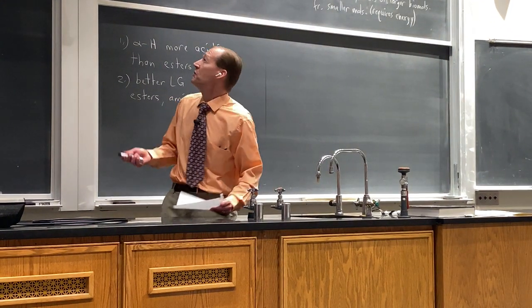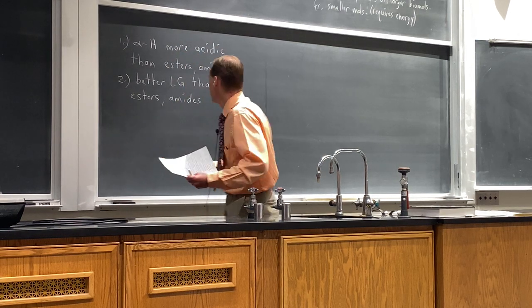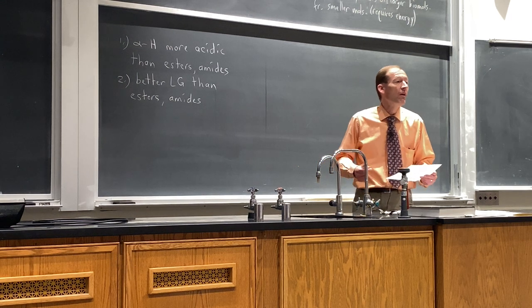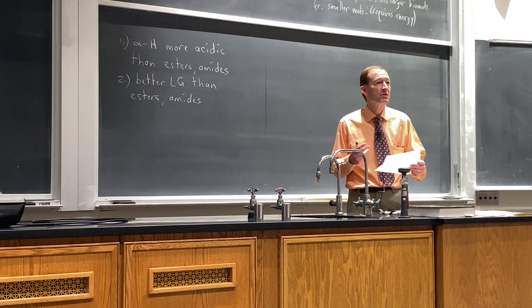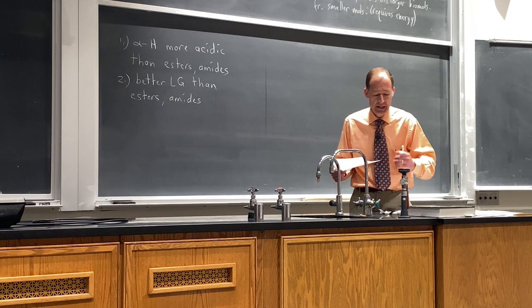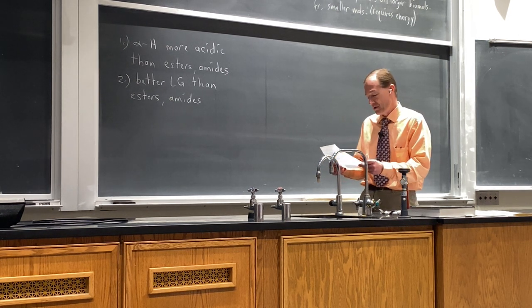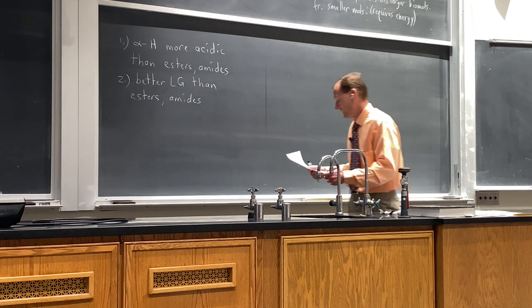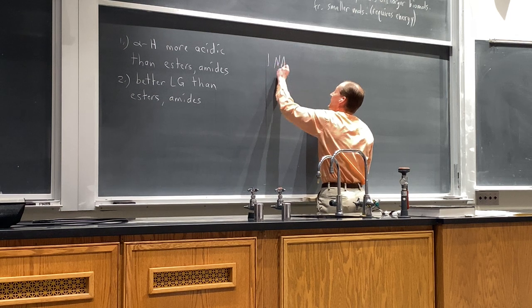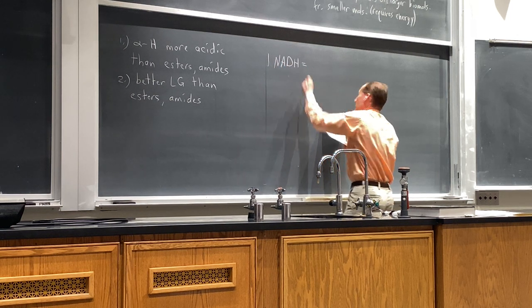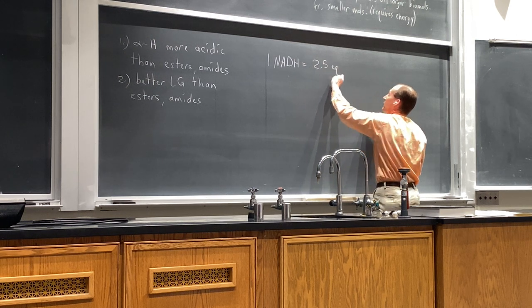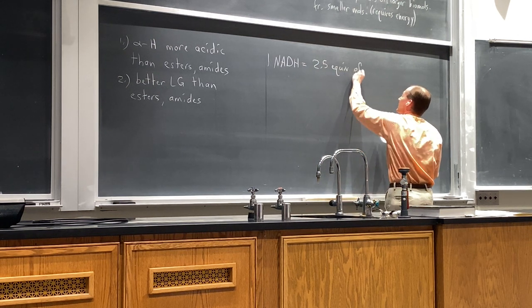So the reduced forms, in addition to being able to function as reducing agents, they are also sources of energy. They can use the electron transport chain. They're electron-rich species, and they can donate their electrons to generate energy. And a single NADH molecule is going to produce 2.5 equivalents of ATP.